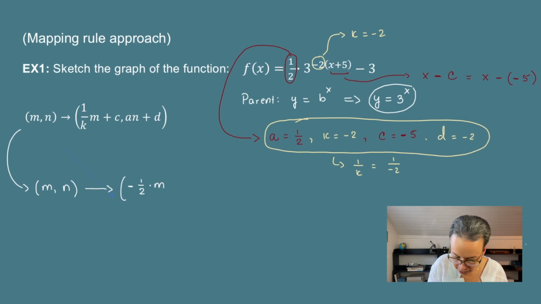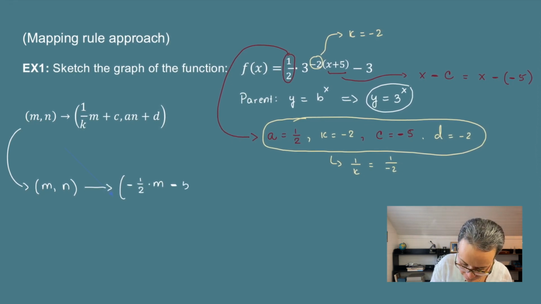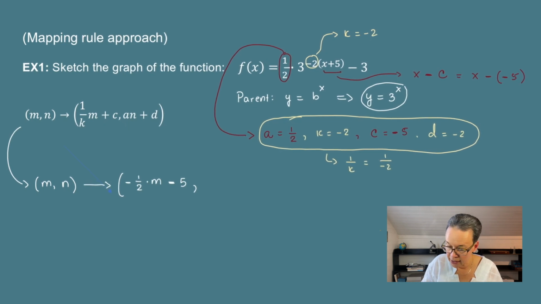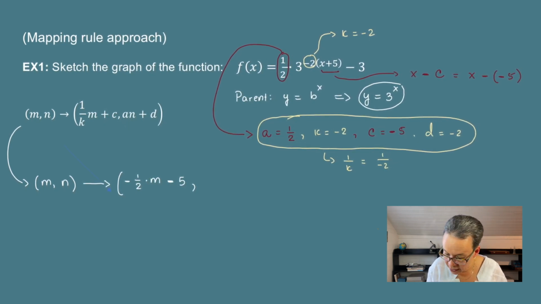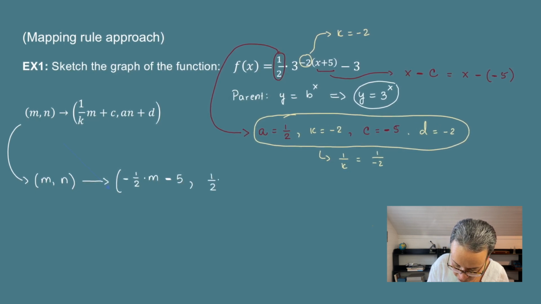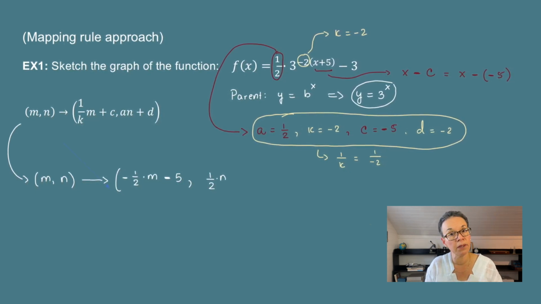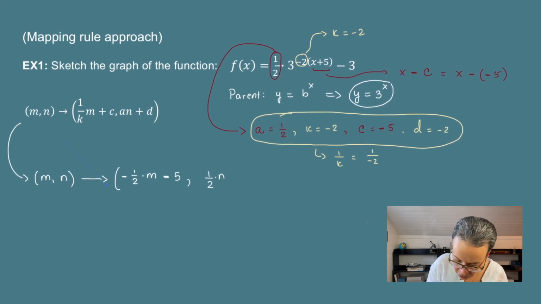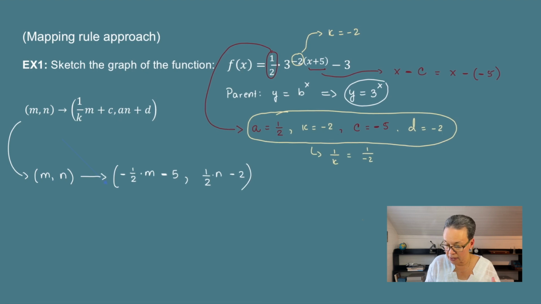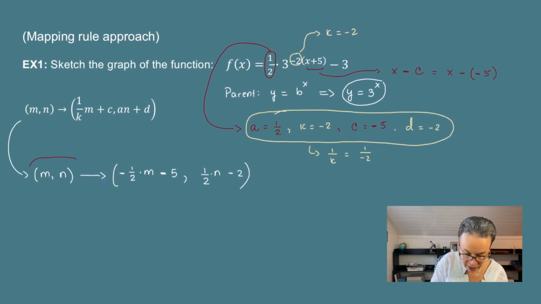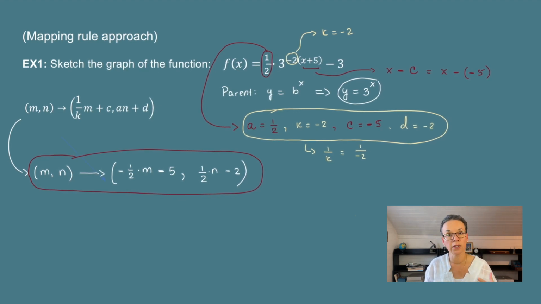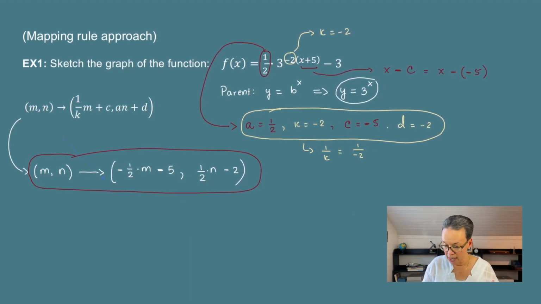C is -5, so that will be -5. And then we have over here a times n. A is 1/2. That means that we're going to have 1/2 times n plus d. And d is -2, so -2. And here it is. This is now the expression that we will apply in order to get the new point.